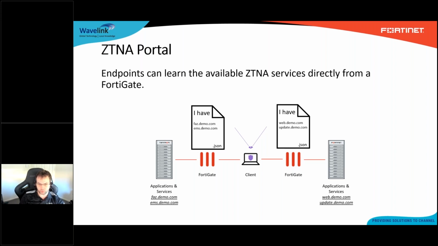So when the user goes to those services, they access it without knowing anything in the middle. It just creates that seamless experience for the client. And it also makes it easy for the administrator because you don't have to reconfigure EMS with all the different servers and applications. The FortiGates can do it for you.